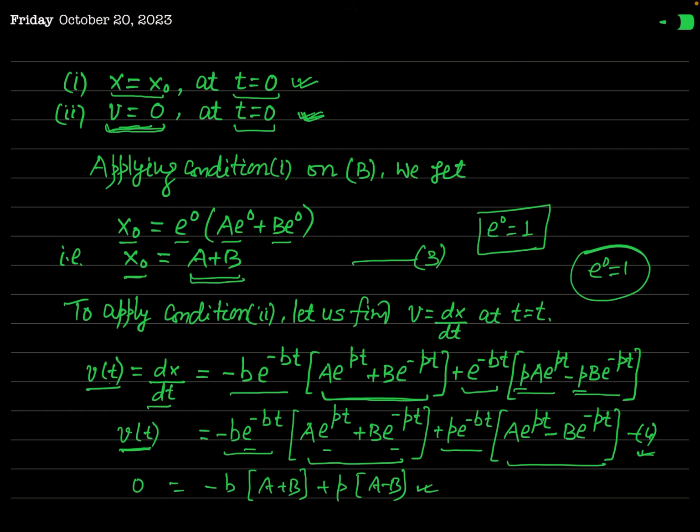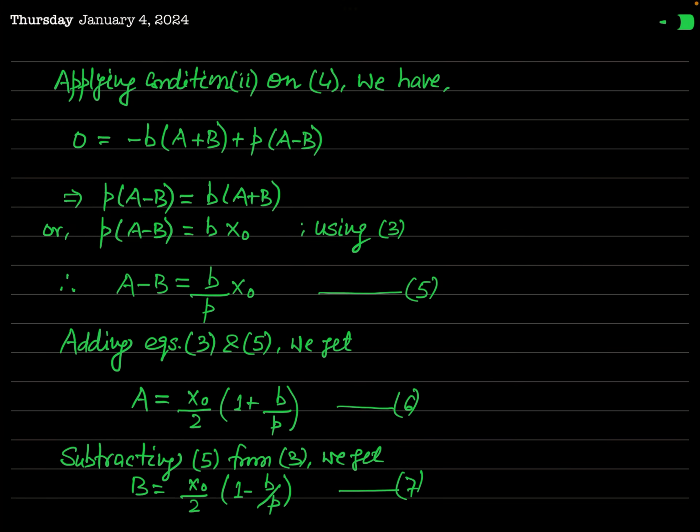Actually, I have written this result here. When I apply this second condition on equation 4, our result is 0 equal to minus b times a plus b plus p times a minus b. And so you can write p times a minus b equal to b times a plus b.